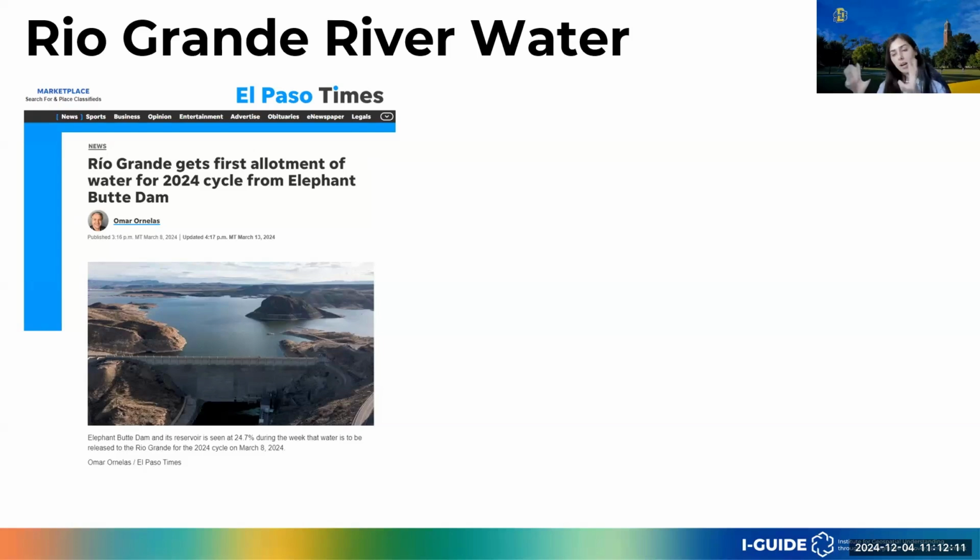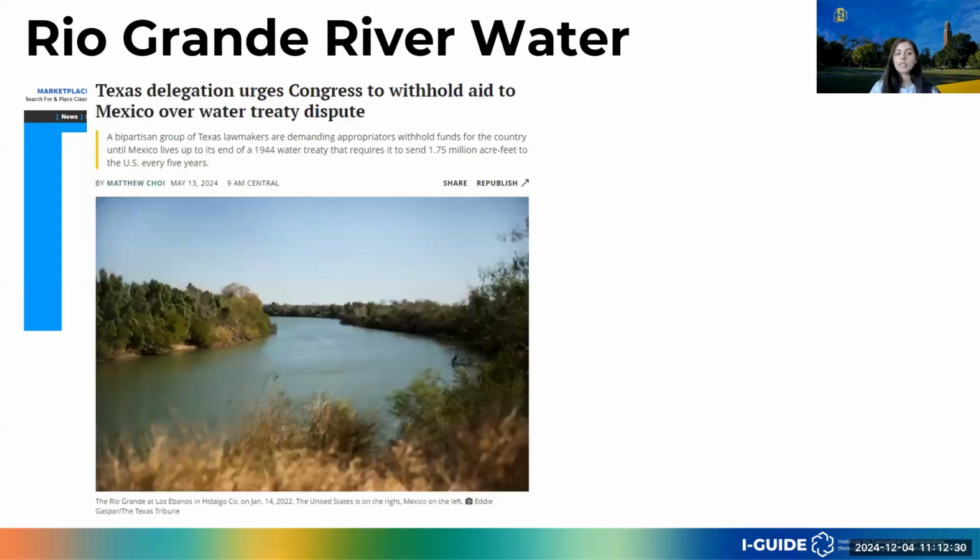If that amount of water could not be delivered to US soil and the US border, the communities and factories, industry around that area cannot survive. As you can see, because of climate change, Mexico cannot deliver that amount of water into the US border.